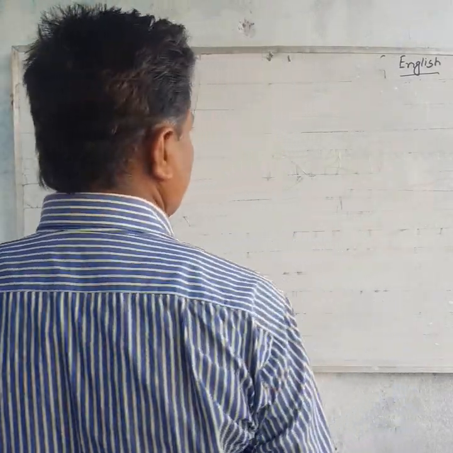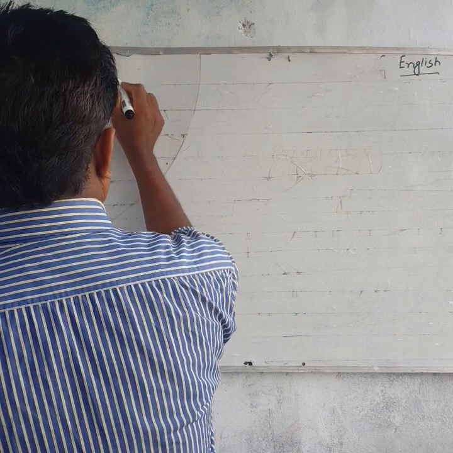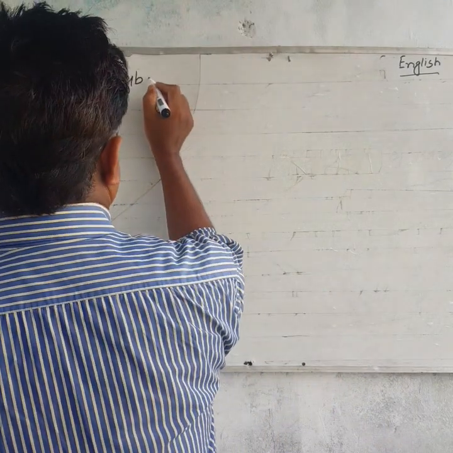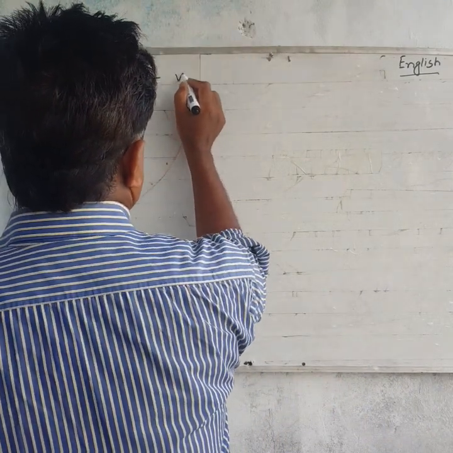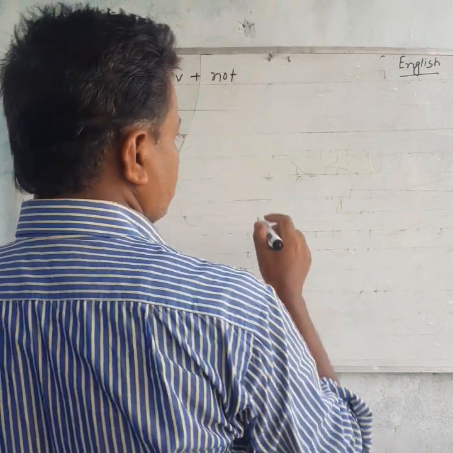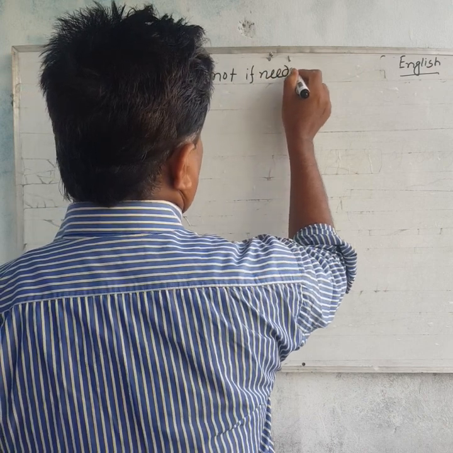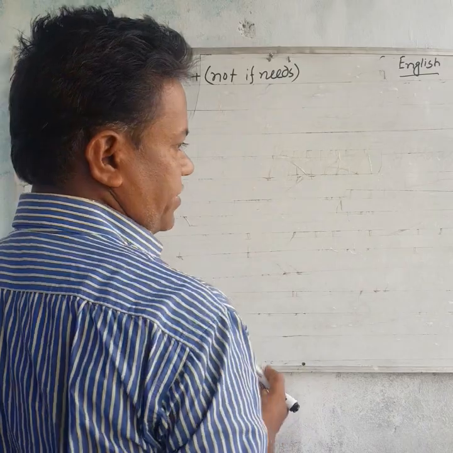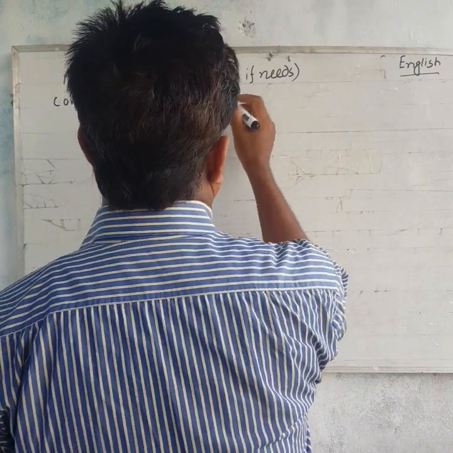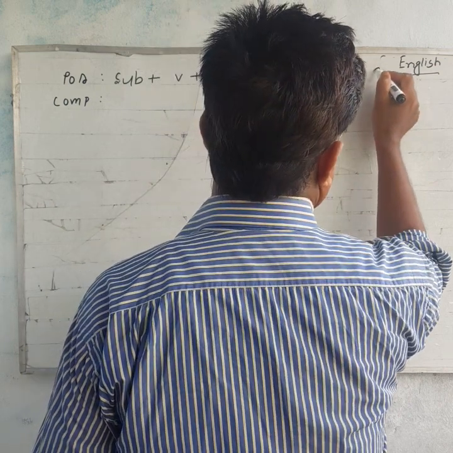Now I am writing this rule. Very easy. At first, subject, positive, but not, if needs, if needs, বাংলায় যদি প্রয়োজন হয়, as, object.